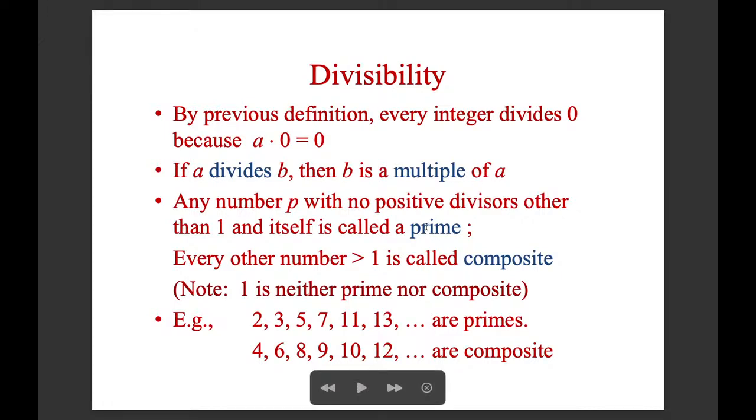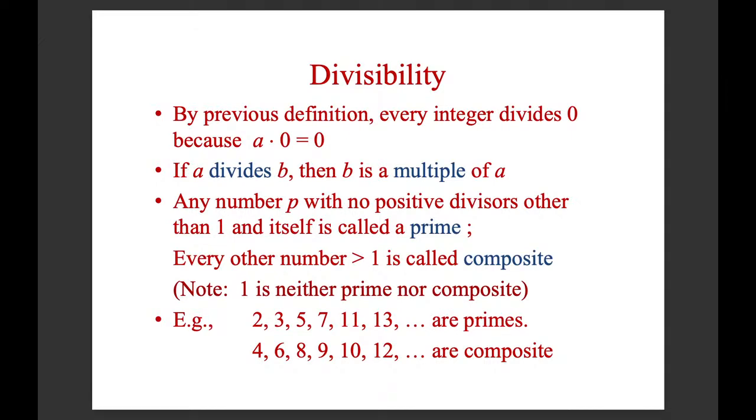And what is a prime? A prime is a positive number greater than 1. First of all, it doesn't include 1. It is a number greater than 1 such that only 1 and p are its factors. It doesn't have any other positive divisors. Then it is called a prime.